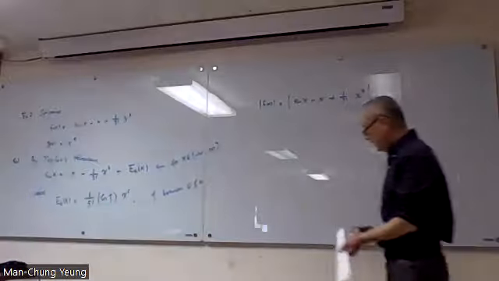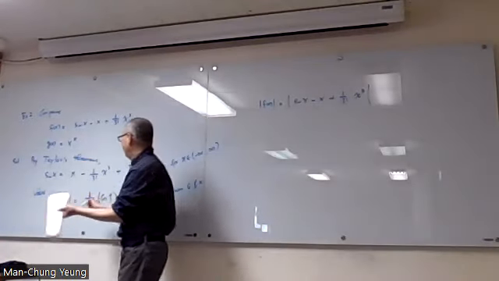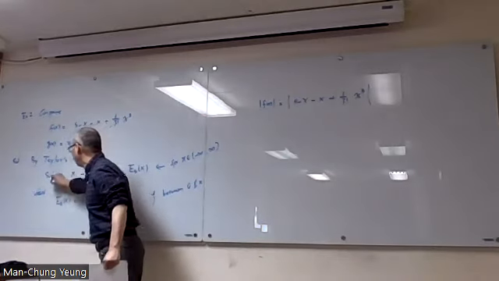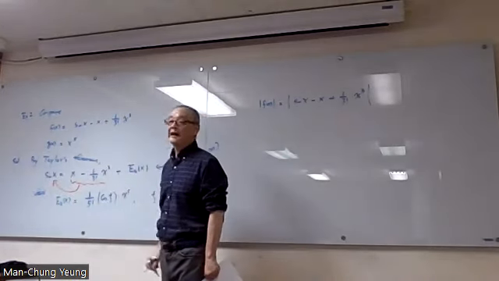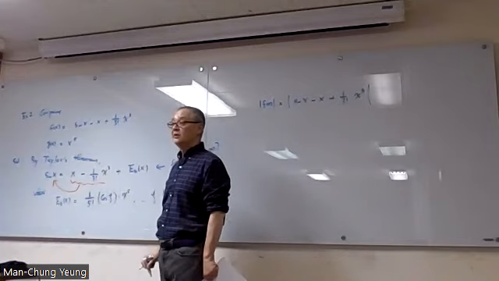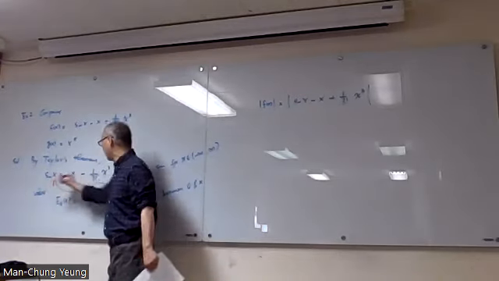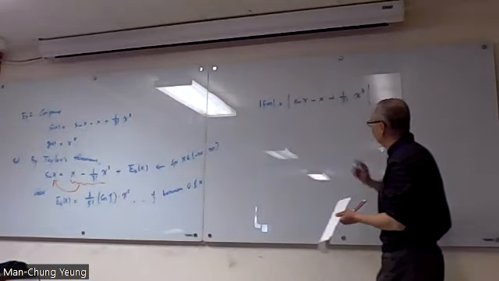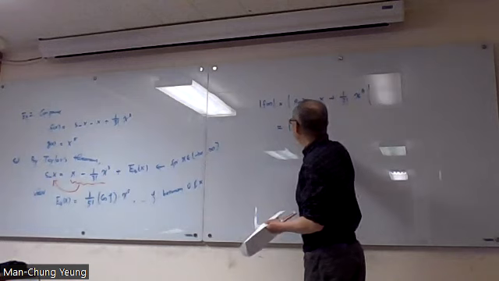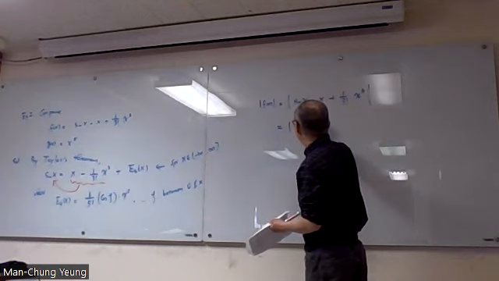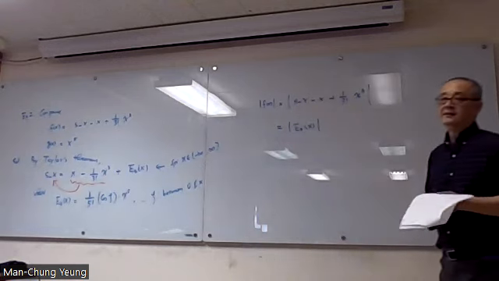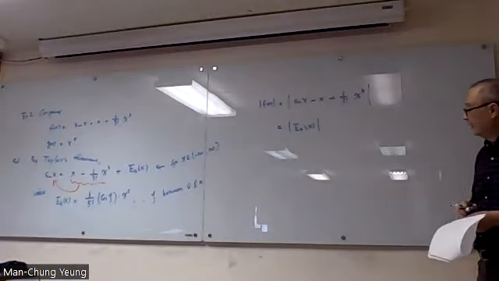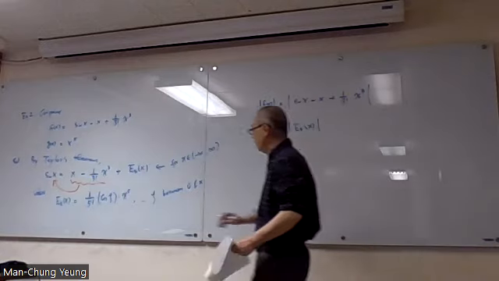Here, I move these two terms to the left side, then I get function n. So this is equal to the absolute value of E4. And what is E4? E4 is here.